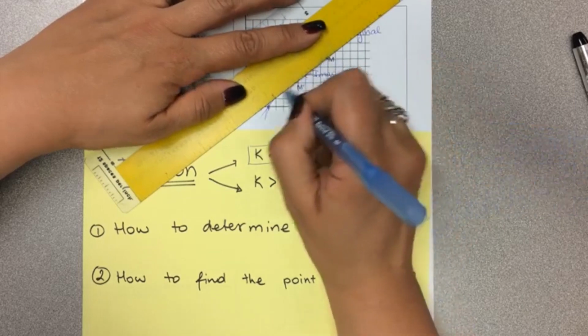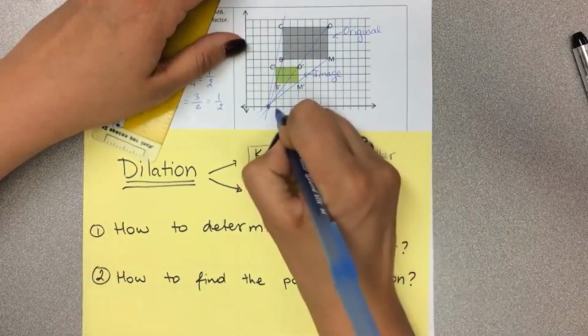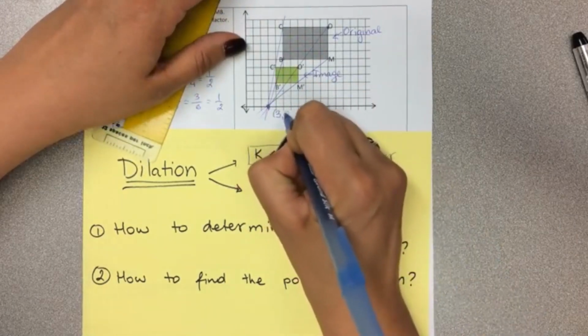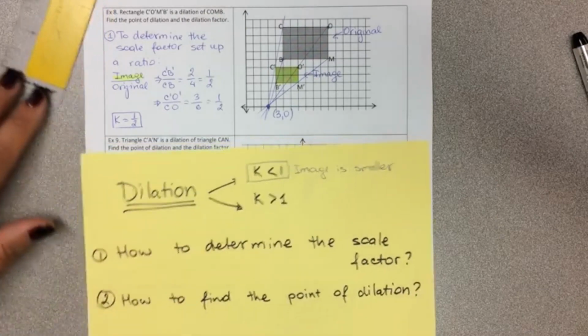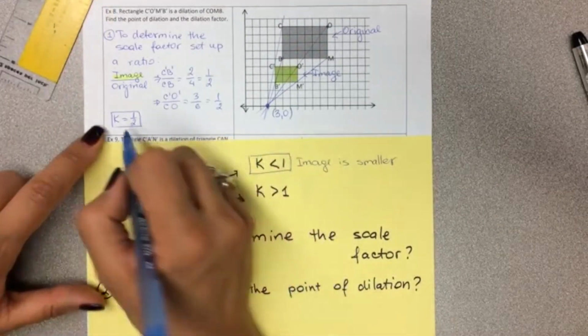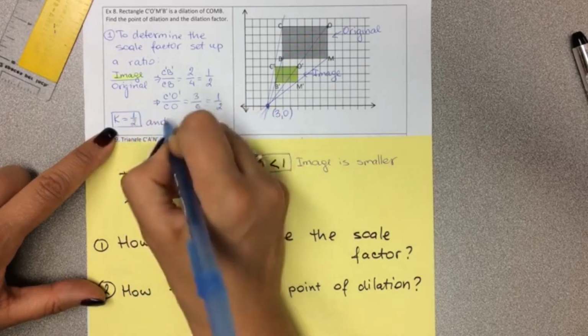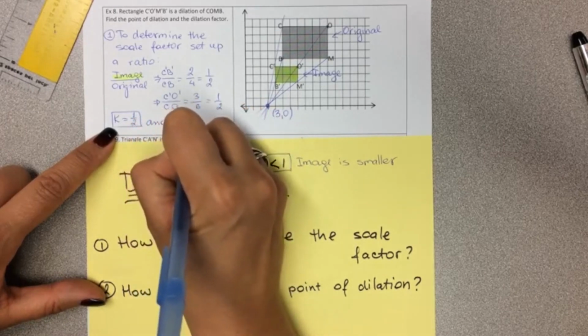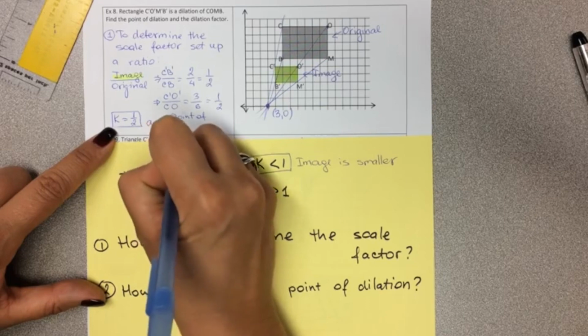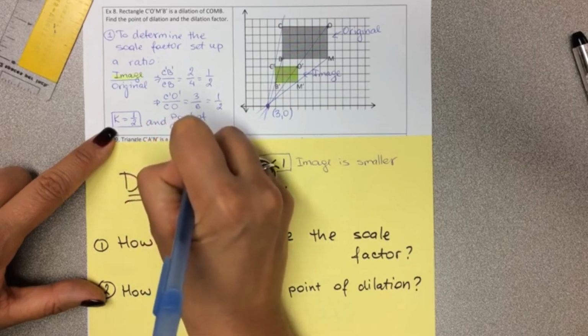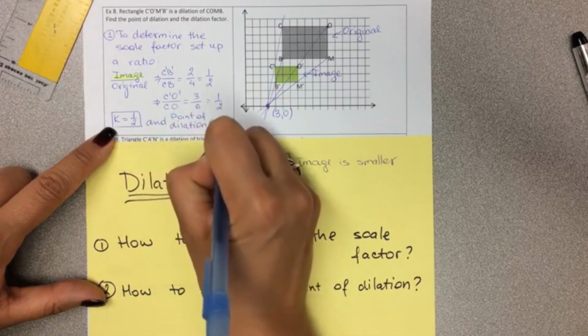That works. So that confirms the location 3, 0 as my point of dilation. So scale factor is 1/2 and point of dilation is 3, 0.